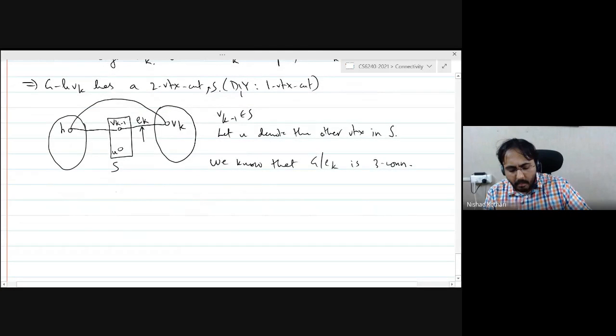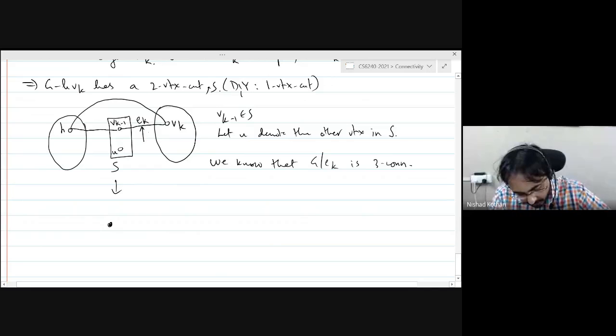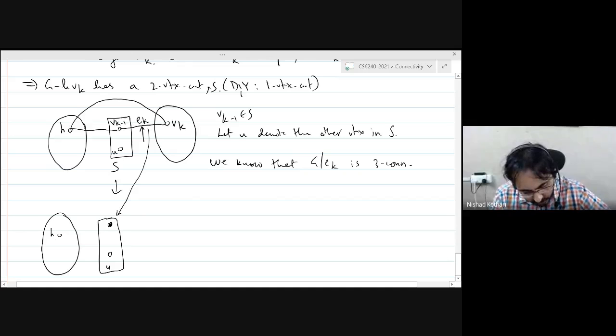You see, if you contract this edge, Vk minus 1 Vk, you get this contraction vertex, and the rest of the graph remains more or less the same, right? What will happen is H will now go to this contraction vertex 2 times, because both edges are going to 2 ends of the edge Ek.